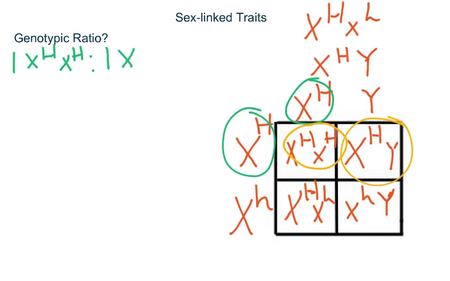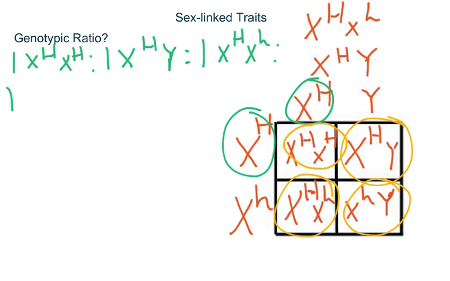It does not matter what order you write these in. So then I move to the next box. And then finally the last box. I'm just going to have to put it here because I'm running out of room. So you would have a 1 to 1 to 1 to 1 ratio, and then just make sure you put the XX and the H combinations when you're writing your ratios.